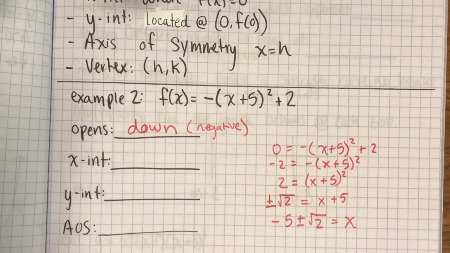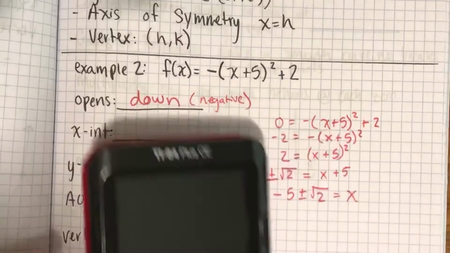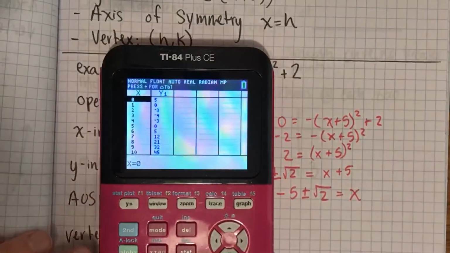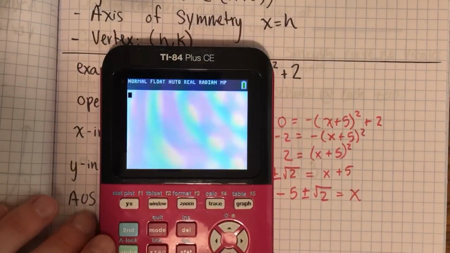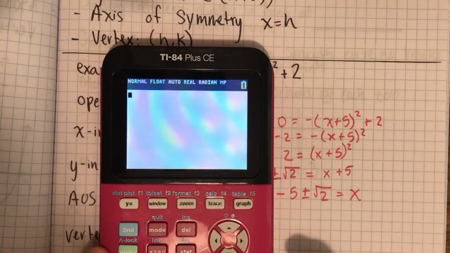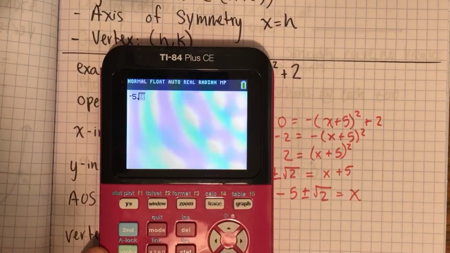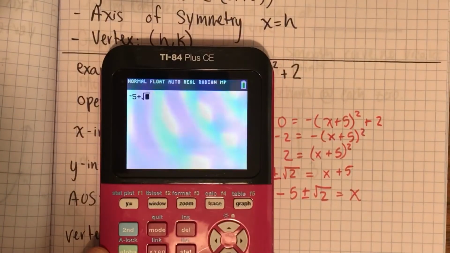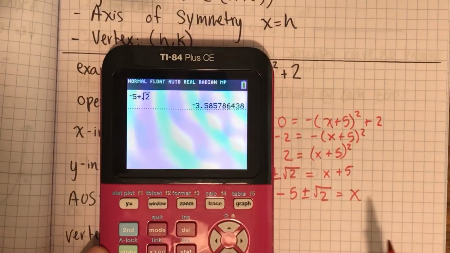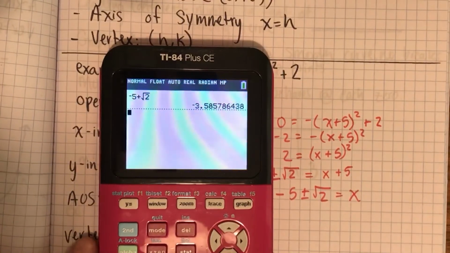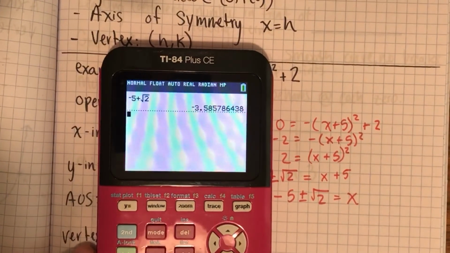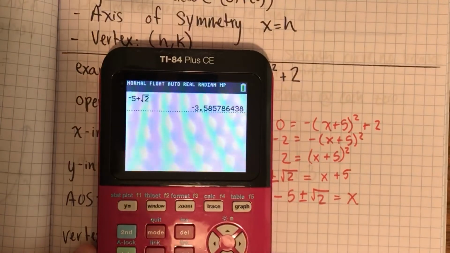Now, for some of us that makes total sense, for some of us that doesn't make a lot of sense. So what we can look at is, if I actually type that in, negative 5 plus the square root of 2, I have a 0 at negative 3.58.